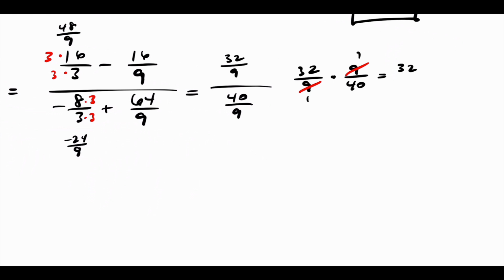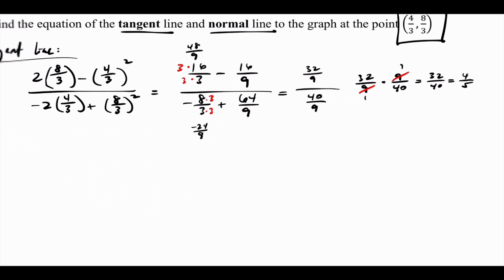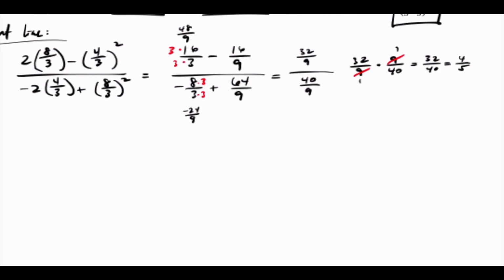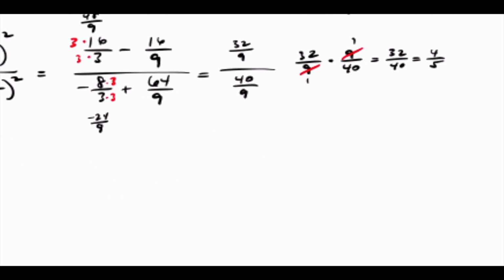That's 32 over 40, which can reduce to 4/5. That's the slope of the tangent line.